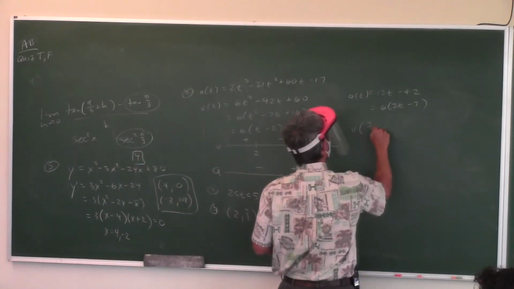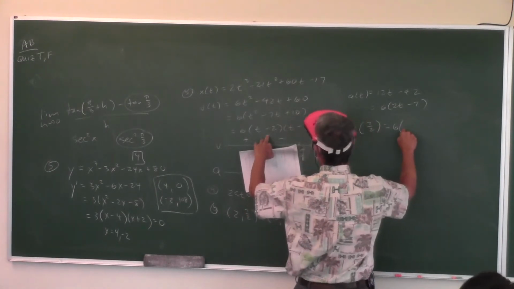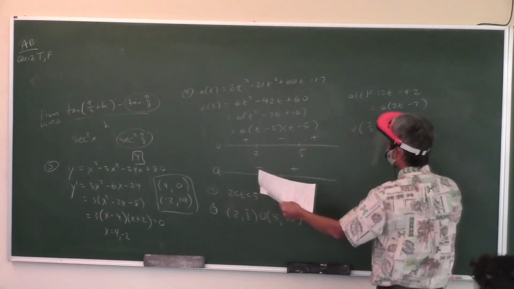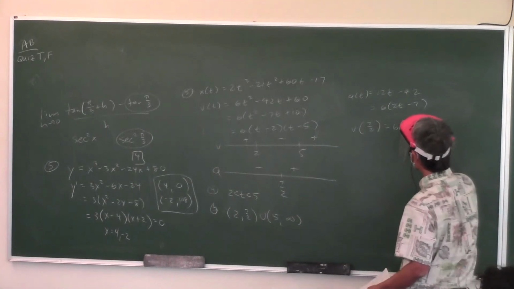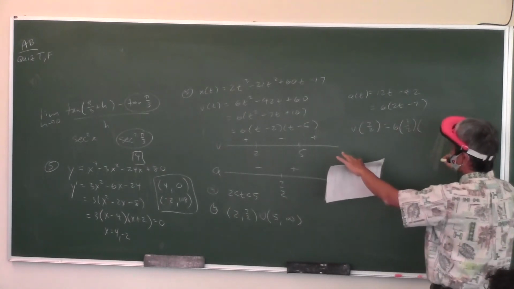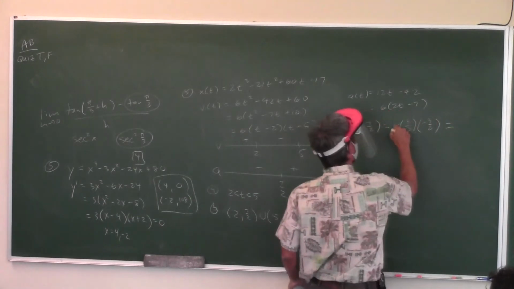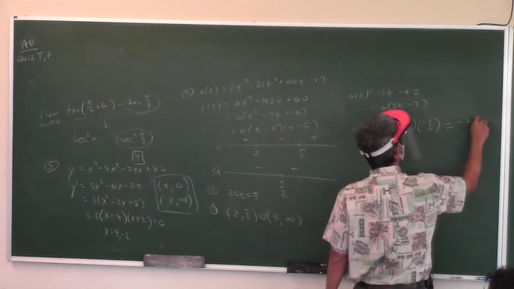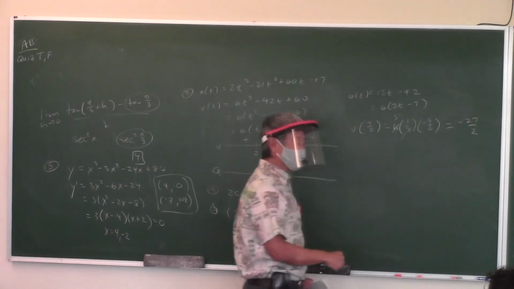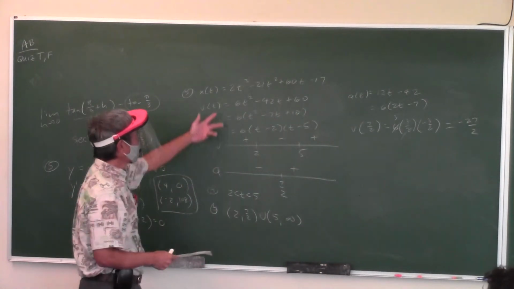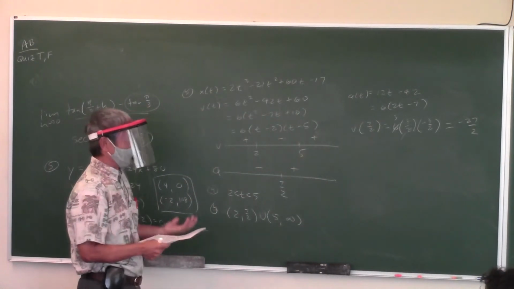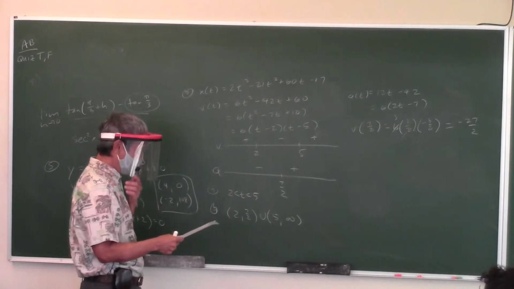So the velocity at 7/2 is, look, 6 times. What is 7/2 minus 2? Isn't that 3/2? And then 7/2 minus 10/2 is negative 3/2. 2 goes into 6 3 times, so you just get negative 27/2. Boom. But it really doesn't matter which one you plug it into, you're going to get the same thing. Or you should get the same thing.